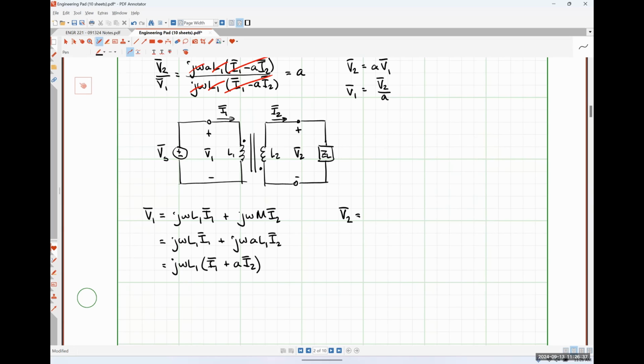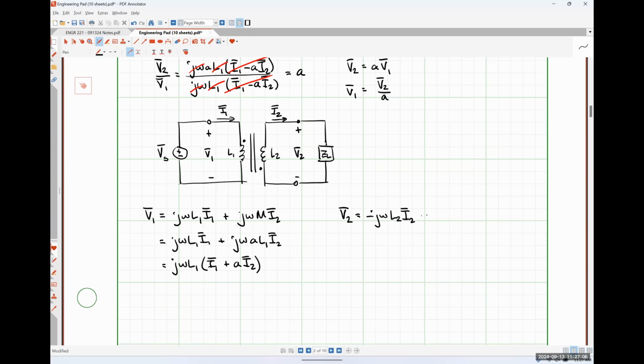For our voltage V2, positive polarity is at the undotted terminal, current's flowing into the dotted terminal. So the self term should be negative. So we'll have negative J omega L2 I2. For our mutual term, positive polarity is at the undotted terminal. I1 is flowing into the dotted terminal, so our mutual term should be negative.